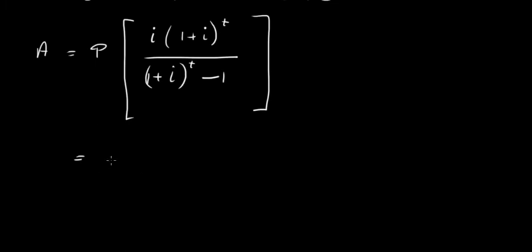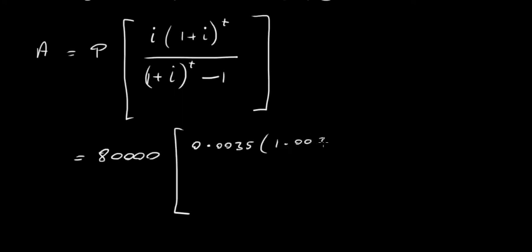So our P is our principal, so what did he borrow? He borrowed 80,000 euros. Okay, so let's put in all our bits and pieces here. The I here is the interest rate as a decimal. Well, it was 0.35%, so as a decimal it's 0.0035. Just divide by 100. We've got 1 plus I, so it's 1.0035.